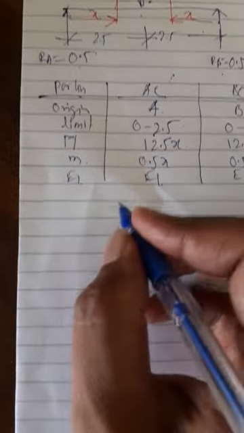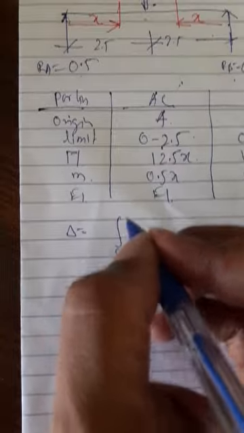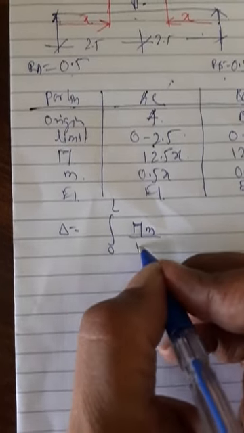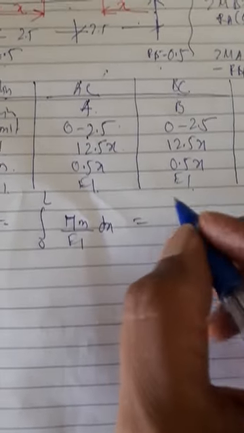Now from the unit load method, we have the equation delta is equal to the integral of capital M into small m by EI dx. So substitute the values.